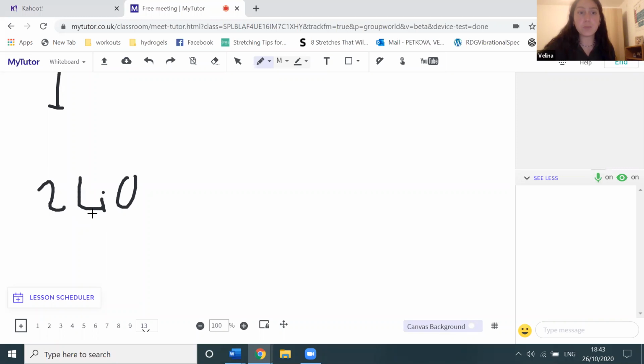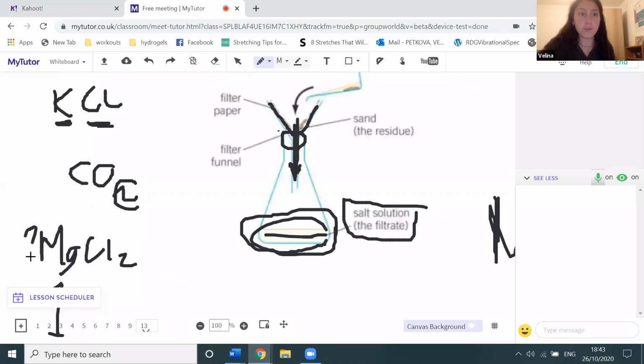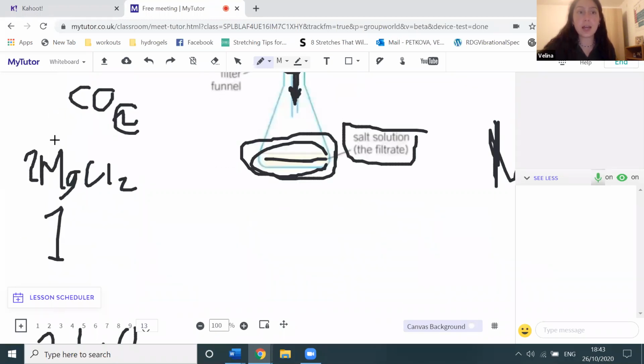If we had a 2 in front of the magnesium chloride, in our normal compound we have 1 magnesium and 2 chlorines, and now we're multiplying each of those by 2. So we end up with 2 magnesiums and 4 chlorines. Hopefully that explains it. Putting numbers in front is very similar to factorizing. You can definitely explain it to yourself using that.